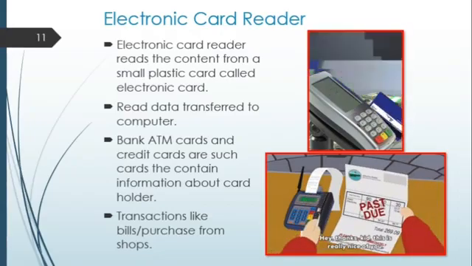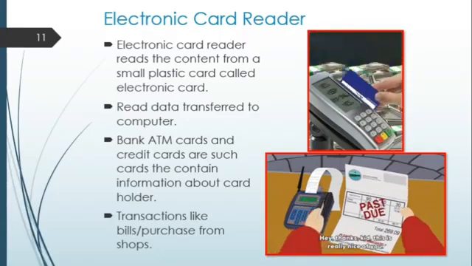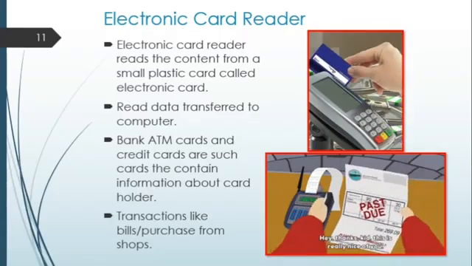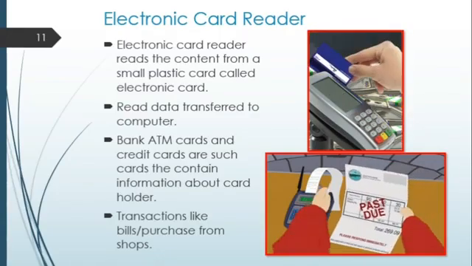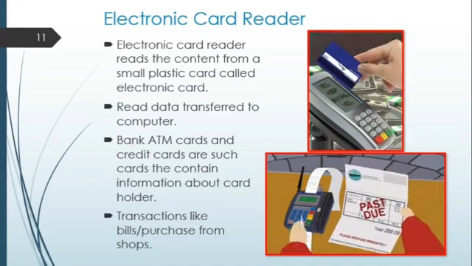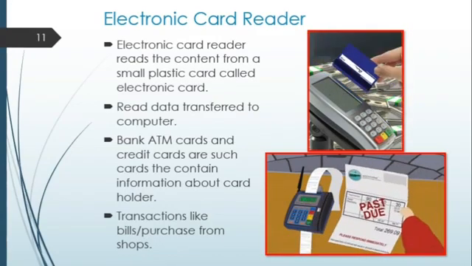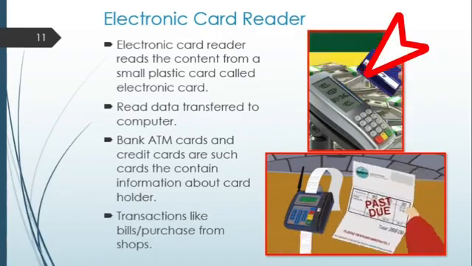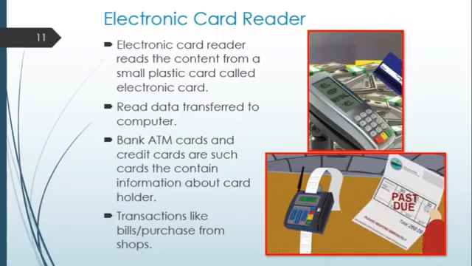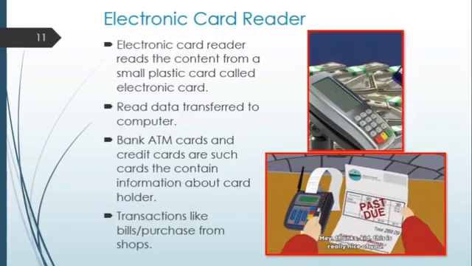Bank ATM cards and credit cards contain information about the card holder. In this black portion, the card holder's details are stored, and it is used to input the data to the computer.